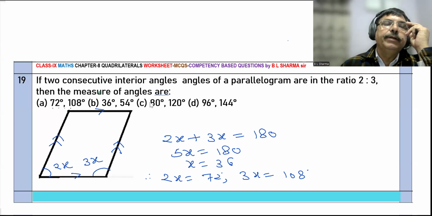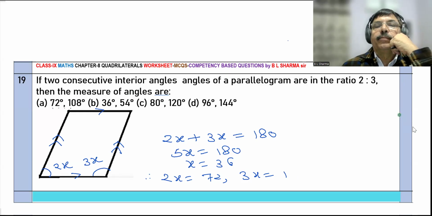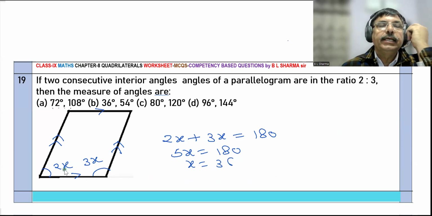If two consecutive interior angles of a parallelogram are in the ratio 2:3, then the measures of the angles are what? Let this angle be 2x degrees and this be 3x degrees.